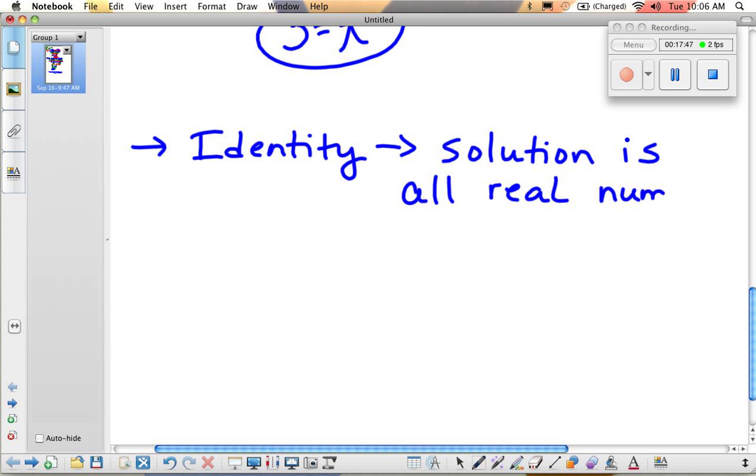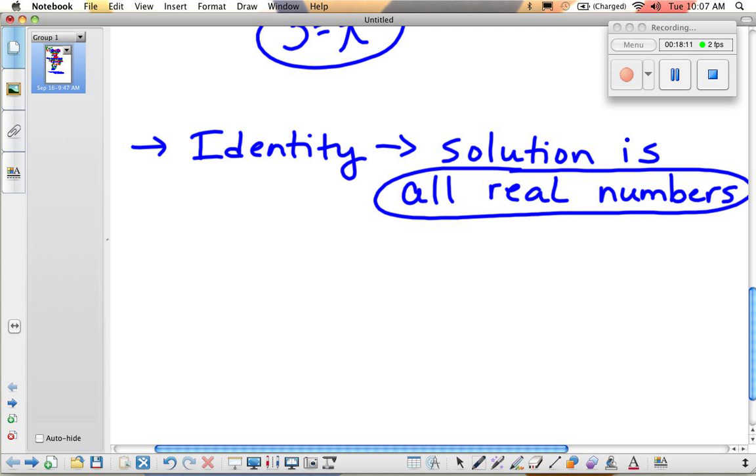That's how we will state it. So you're solving along, you're solving this equation, and all of a sudden you discover you have an identity. One side of the equation looks exactly as the other side of the equation. You say, oh, that tells me the solution is all real numbers. And this is what you have to put on your paper. Where it says solve the equation, that would be your solution right there. You'd state all real numbers.